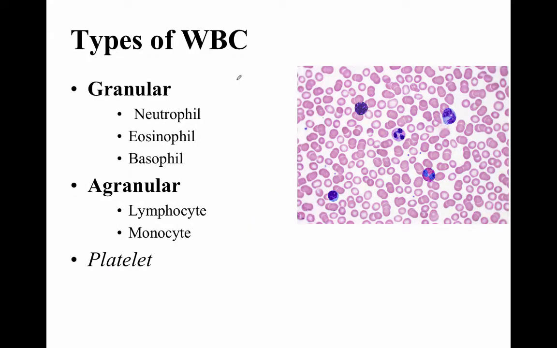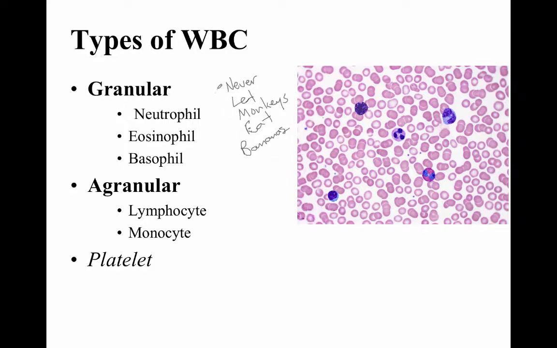An easy mnemonic we can use to remember the quantity of white blood cells in the bloodstream is "never let monkeys eat bananas." What this speaks to is neutrophil, lymphocyte, monocyte, eosinophil, and basophil.